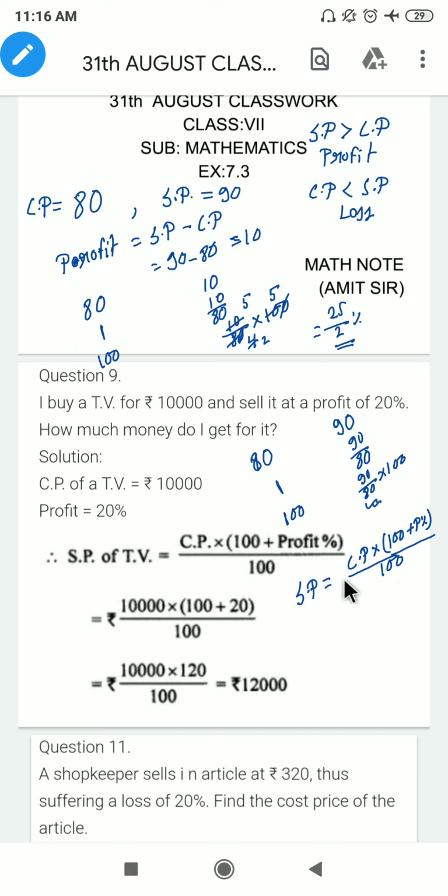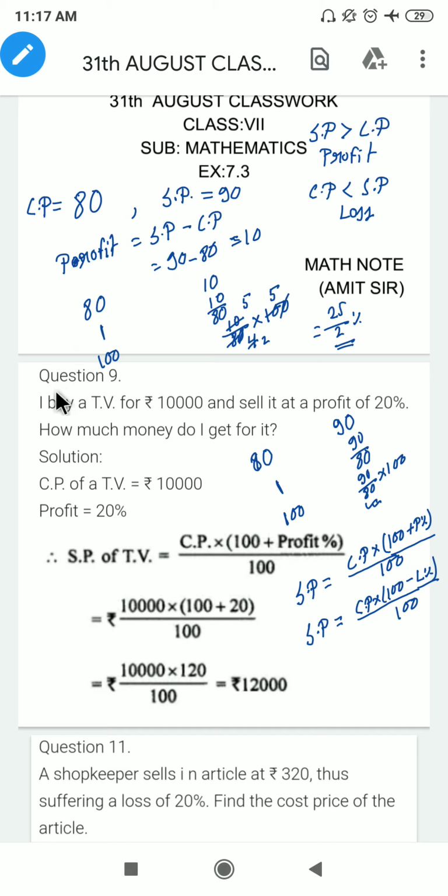This is the relation between cost price, selling price and profit percentage. Whenever a loss happens, you have to use this formula: selling price is equal to cost price into 100 minus loss percentage divided by 100. This is the relation between selling price, cost price and loss percentage.